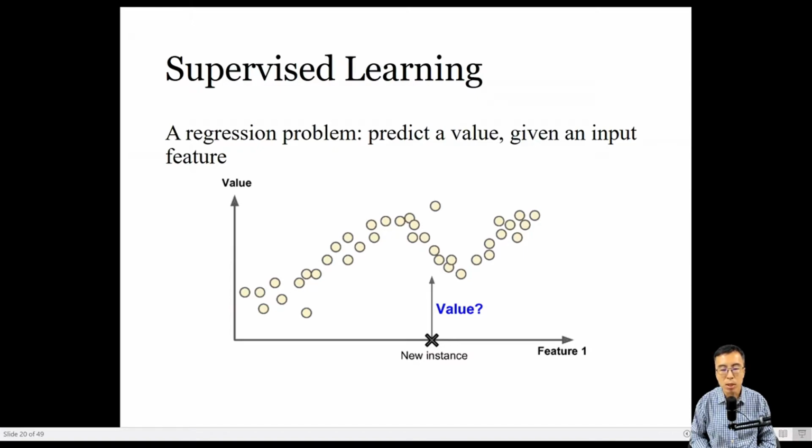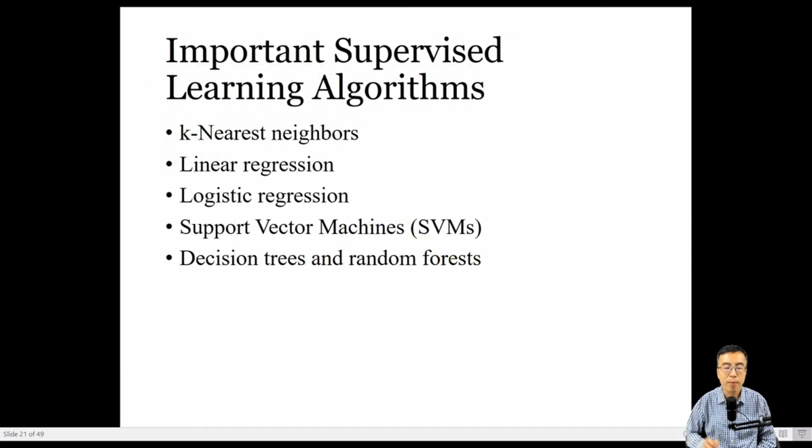So when the model is trained, when we provide a house with 4 bedrooms, the model is going to predict the dollar value of that house for us. There are many commonly used supervised learning algorithms. Here are some popular ones, including k-nearest neighbors, linear regression, logistic regression, support vector machines or SVMs, as well as decision trees and random forests.